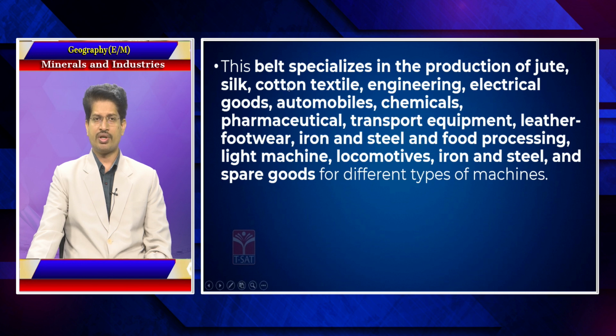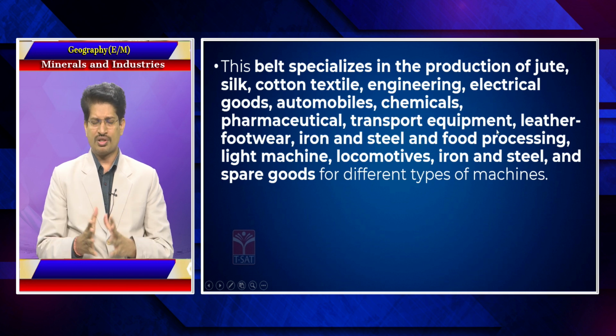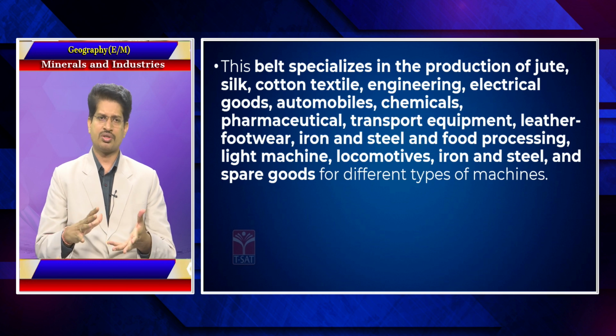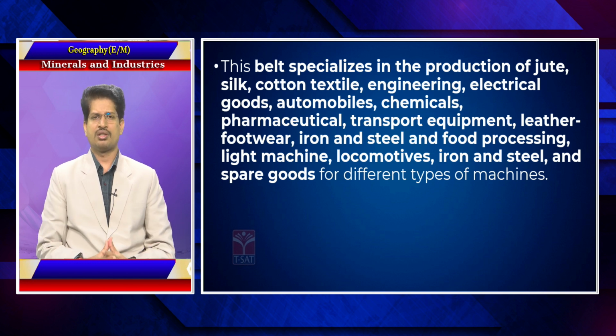This belt is specialized in the production of jute, cotton textiles, silk, engineering, electrical goods, automobiles, chemicals, pharmaceuticals, transport. See this, because of the raw materials available, because of the coal, because of the port, because of the industrial sector, and the agriculture in this region, these industries have developed.